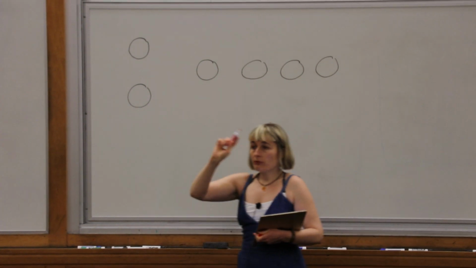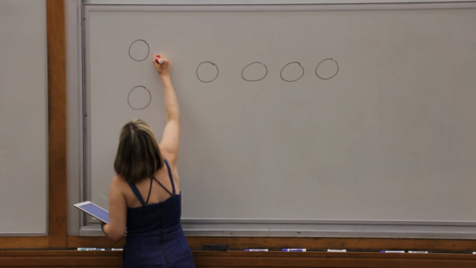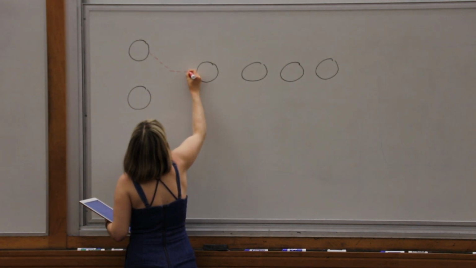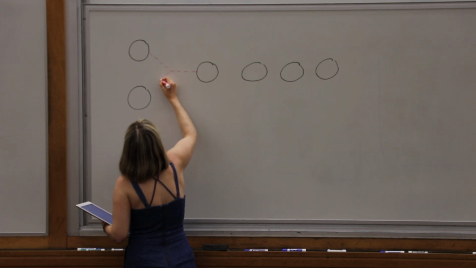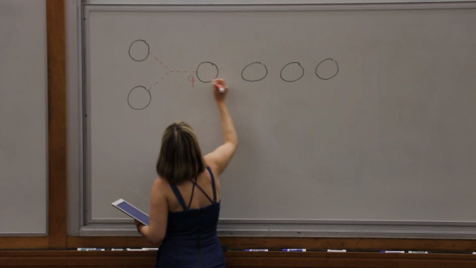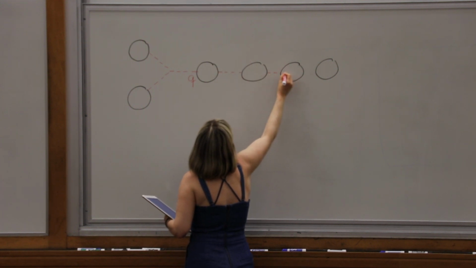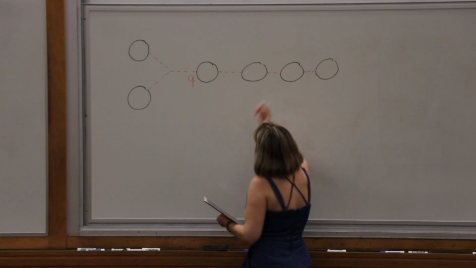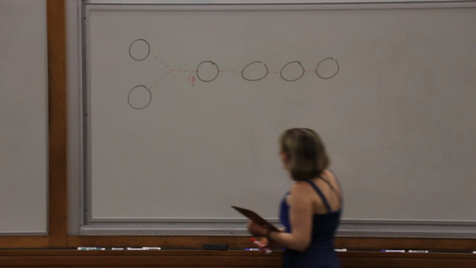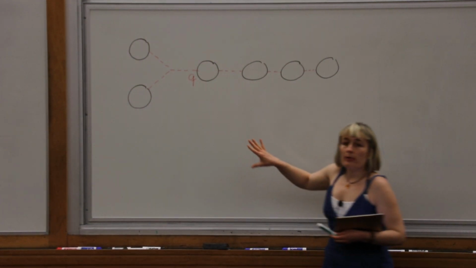And I'm going to use red for the shared channel. And additionally, I'm going to make them dotted. Okay, so that's channel Q. And then we have the channels connecting the remainder of the queue. All right, so that's how we start out.